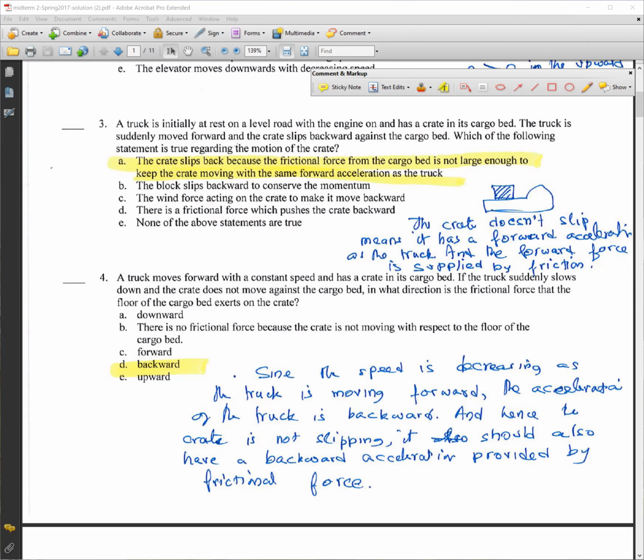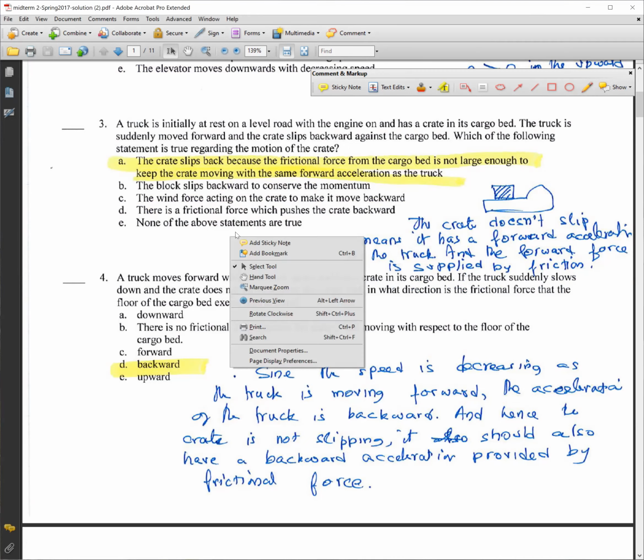Now the truck suddenly moves forward and the crate slips backward against the cargo bed. Which of the following statements is true regarding the motion of the crate? Of course, we had this actually today, from midterm 2018. And remember, we had this drawing.